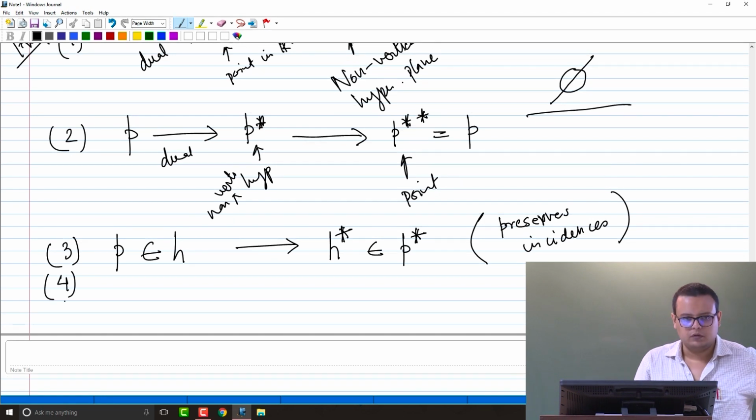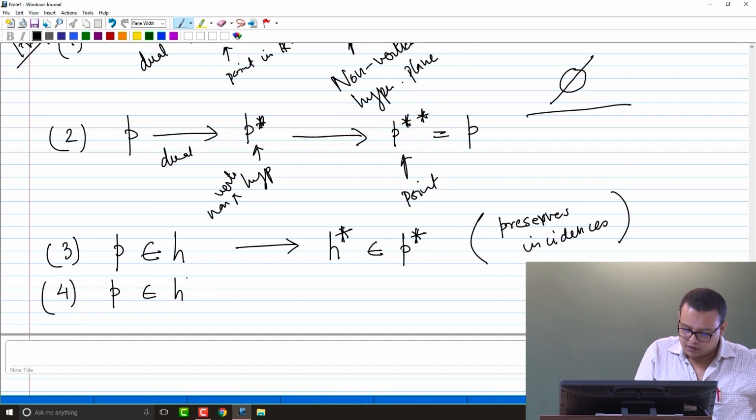Property 4. This goes in the other direction also, but what to prove here? I have already proved the star star thing. So the fourth thing, let's do this. Let's say P belongs to H plus.